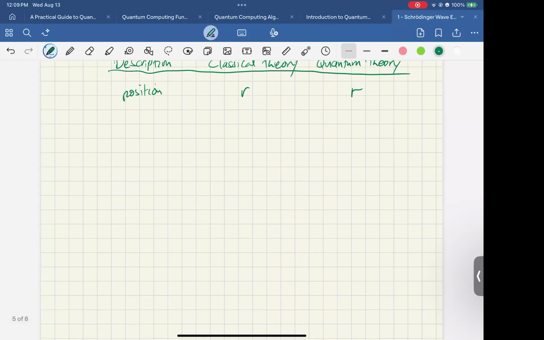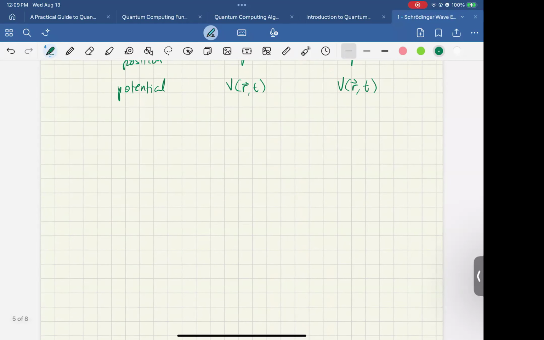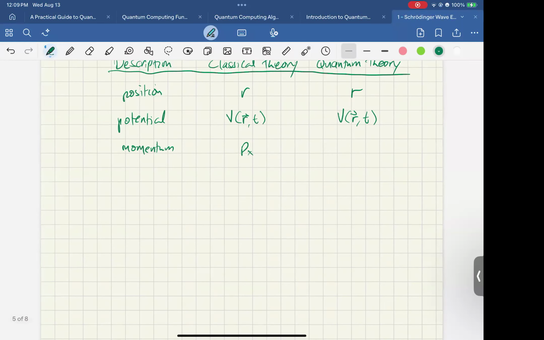Okay. Momentum, bago muna yan, potential muna. Potential energy, or potential, okay, we define as V of r, t, and then ganun din sa quantum theory. Not much difference there. Nagkakaroon lang ng difference pagdating sa momentum. Okay, in classical theory, we have this momentum along the x-axis.